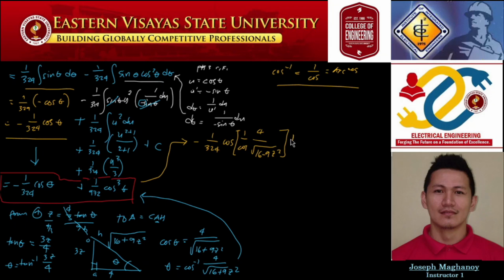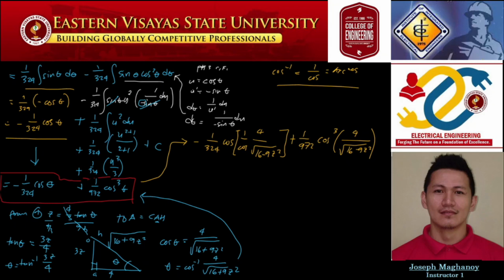The second term is plus 1 over 972 cosine cube of theta, that is 4 all over square root of 16 plus 9z squared.